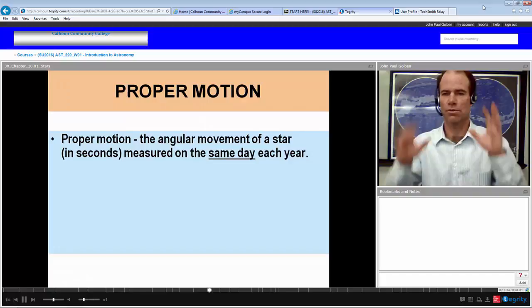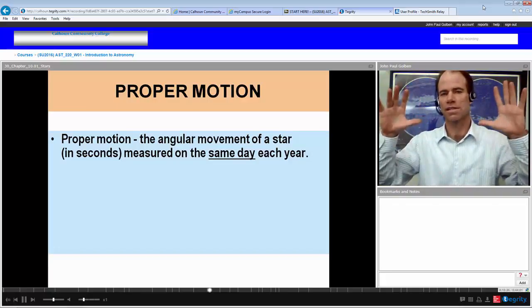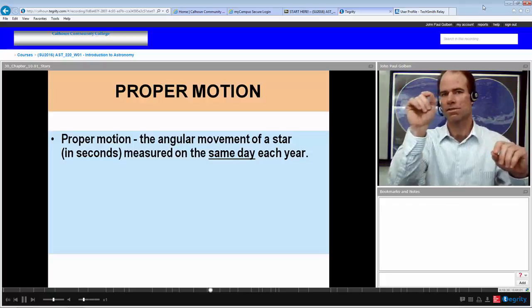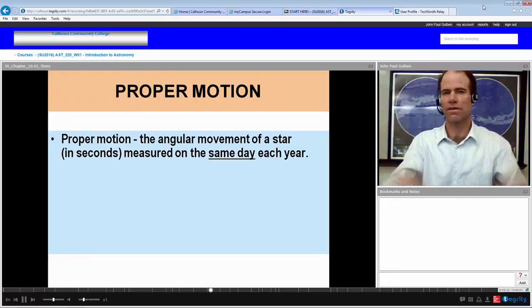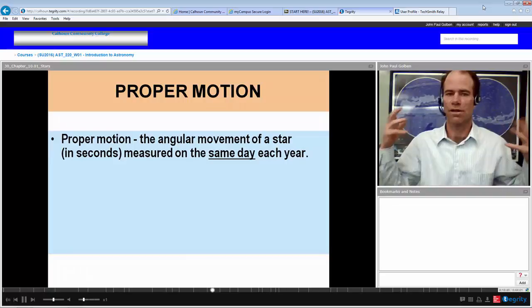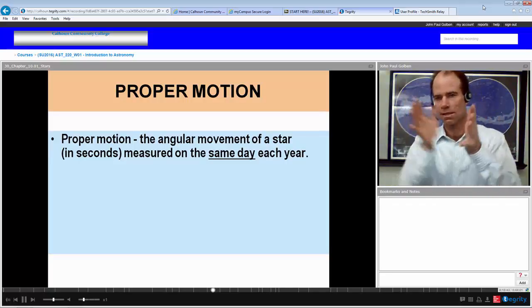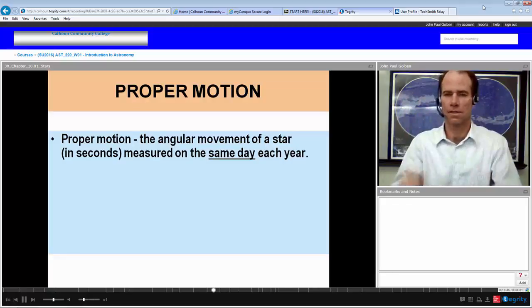So if you took a snapshot of the sky, took the snapshot a year later, and saw how far a star had moved with respect to the very distant stars behind it, then you could measure its proper motion. And this would be different from parallax because you would do it on the same day each year. So there's no parallactic angle to it. It's just its actual motion.